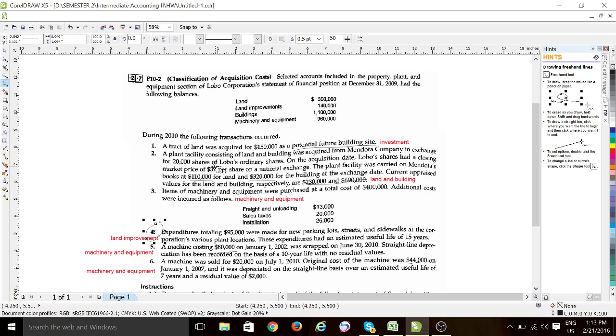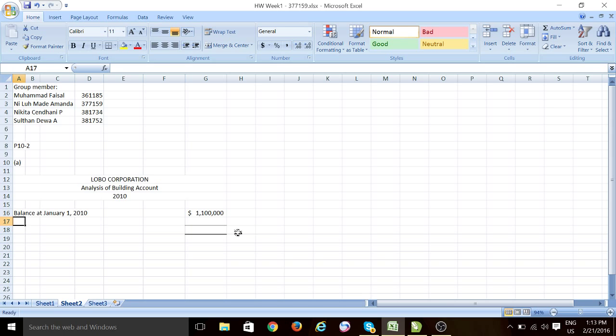The transaction which affects the building is the second transaction, for which we have already calculated the fair value that goes to the building. So we're going to note that down: plant facility acquired from Mendota Company, portion of fair value allocated to building.